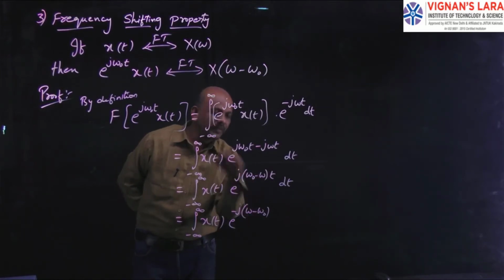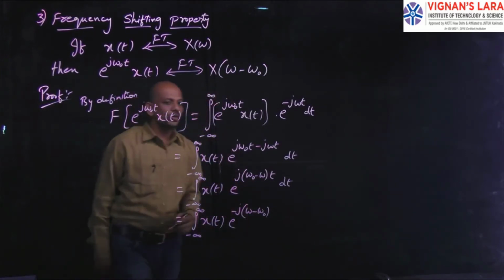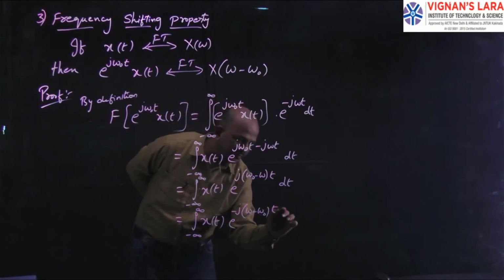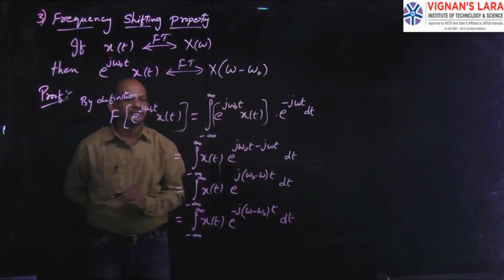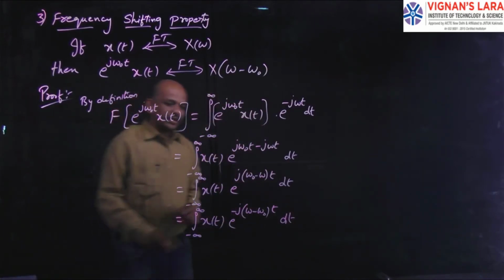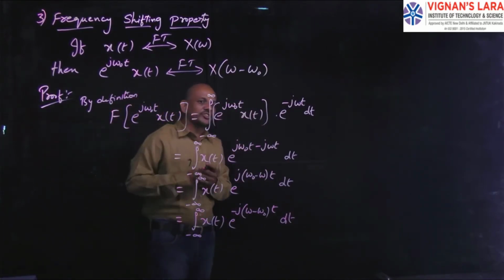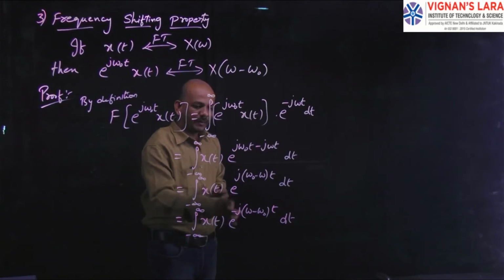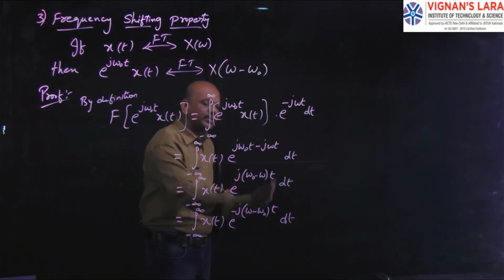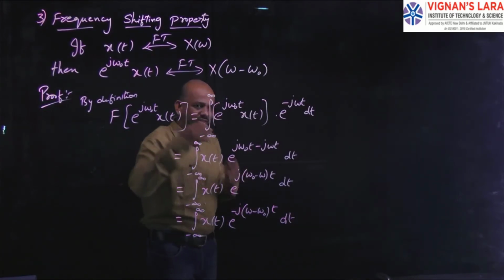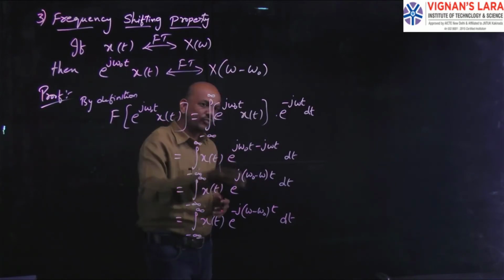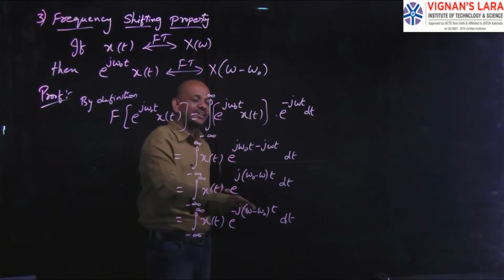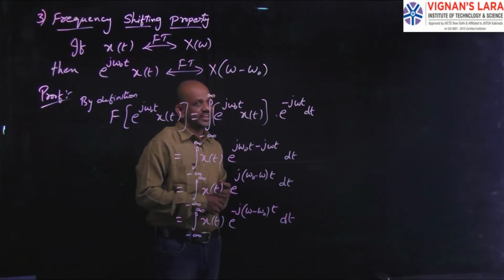I have just taken minus as common, into t dt. See, if you compare this with the standard definition, a Fourier transform of x of t is nothing but integral minus infinity to infinity x of t e power minus j omega t dt. So in the standard definition, in place of omega I have omega minus omega naught.